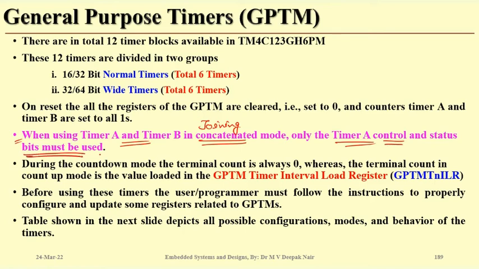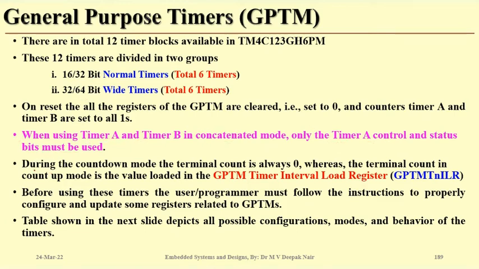You should not be using the control bits for timer B. Remember, whenever you combine them, we will use the control bits available with timer A to control the 32-bit or 64-bit timer. Because when you combine 16-bit, it will become 32-bit. When you combine 32-bit, it will become 64-bit. So whenever you combine them, you will use the control bits from timer A only. Don't use timer B's control bits.